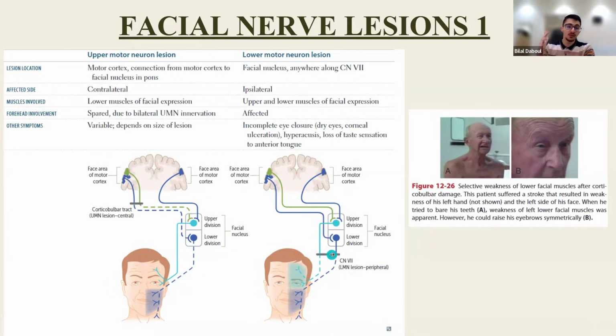As it exits the cranium, you can have damage, like a tumor that compresses the facial nerve, and you would have accompanying symptoms like hyperacusis and loss of taste sensation. In the upper motor neuron lesion, you only have facial muscle paralysis, and that's it. So that's the general idea here.